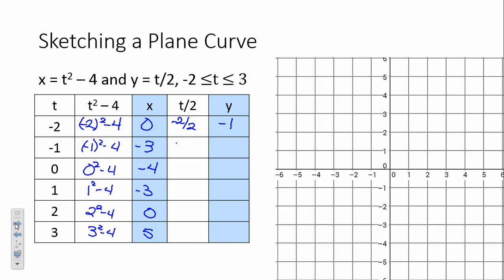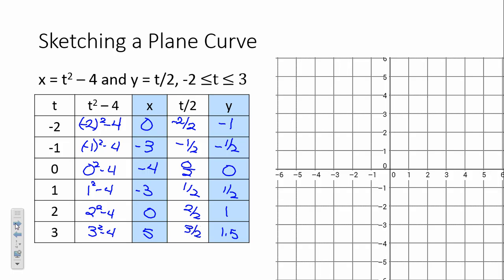Then we'll take negative 1 divided by 2 and get negative 1/2, and then we'll take 0 divided by 2, and then 1 divided by 2, and 2 divided by 2. And then finally 3 divided by 2. Nothing more than plugging numbers in, right? Plug and chug.